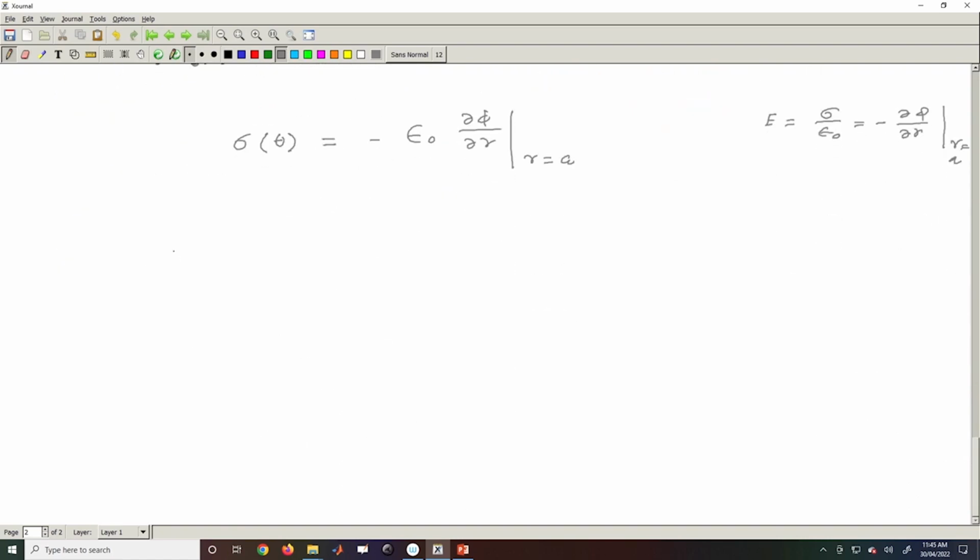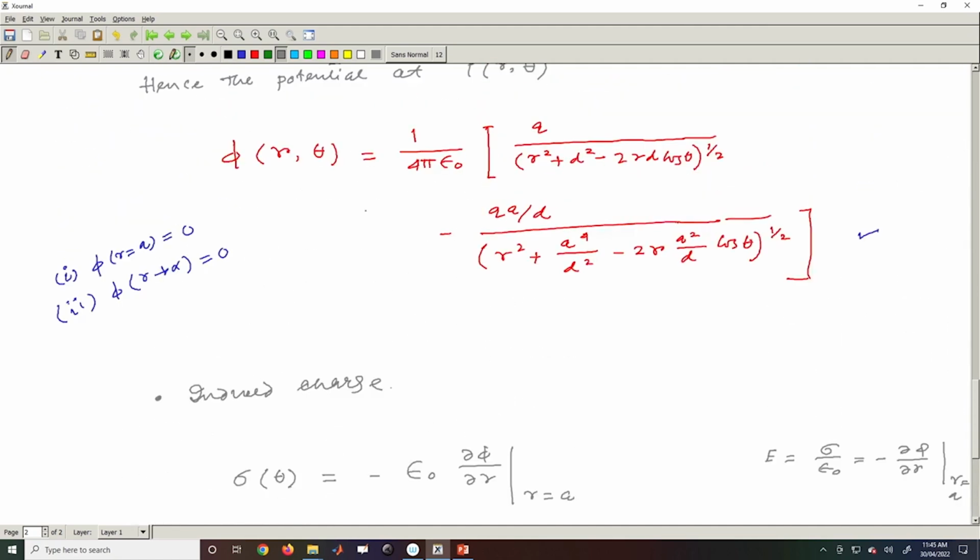It is exactly like the previous problem. So, if I do, then sigma theta should be equal to minus 1 by 4 pi epsilon, which is going to cancel out, and then the derivative with respect to r of this quantity, this first one, this one. First we need to make a derivative of this one, and second we need to make a derivative of this one.